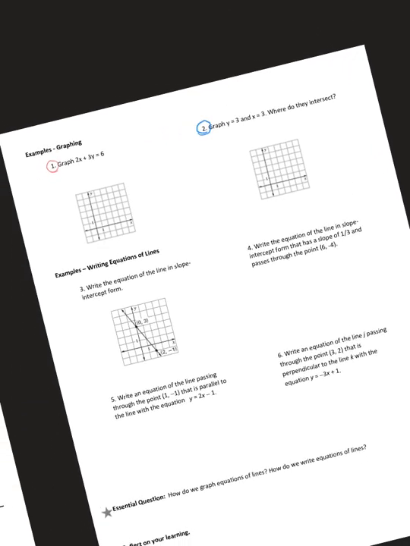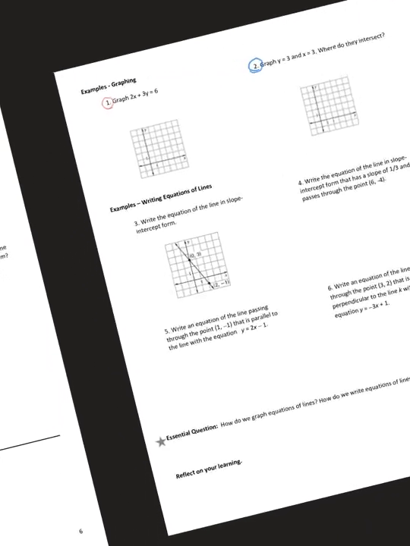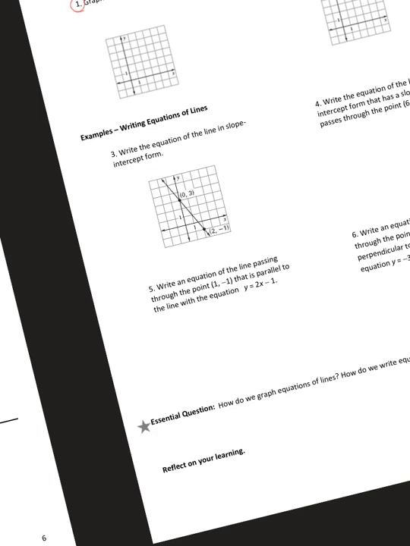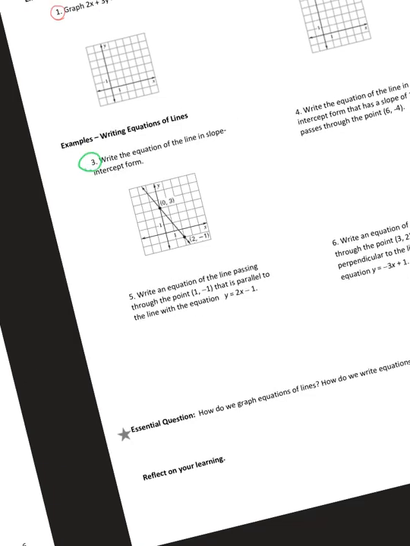Then we have number 2, which I'm also going to let you do, okay? And then we have number 3, which I'm going to let you do, okay? So you're going to write the equation of the line in slope-intercept form. So find the y-intercept and the slope from that graph. And then I will do 4, 5, and 6 with you.